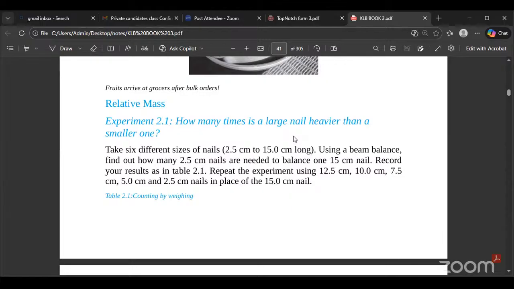Relative mass. Now, the reason why we have brought about the relative mass, the first objective, we were saying we define mole and its relationship with the mass. Now, it is called the relative mass because sometimes we'll be talking about the one that I've highlighted. Sometimes we'll be talking about the relative atomic mass, and then we have the relative formula mass.